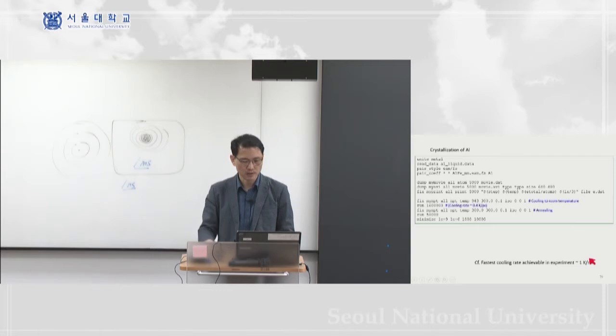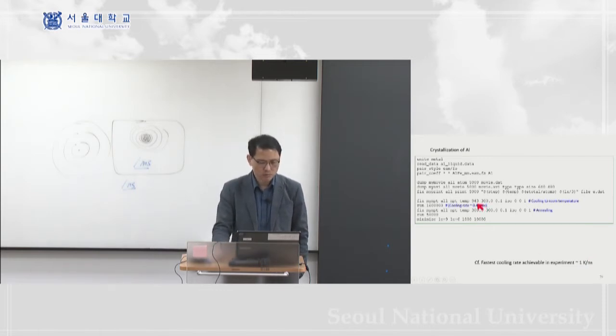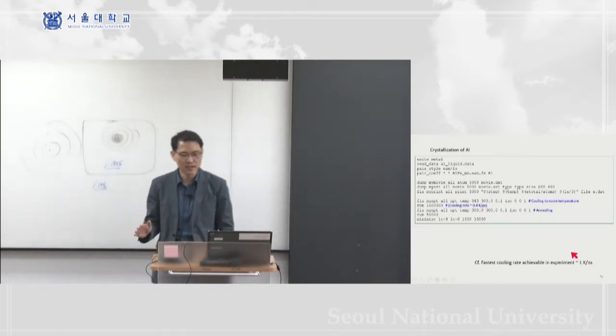So we cannot avoid increasing the cooling rate, unrealistically, maybe 1,000 times. For instance, here the cooling rate that we are using is 0.4 Kelvin per picosecond, so it is about 400 times faster than the fastest cooling rate in experiment.